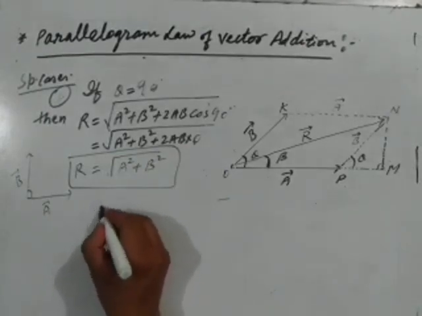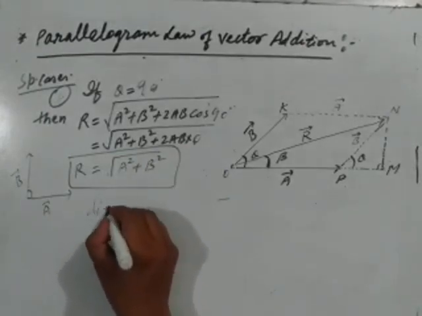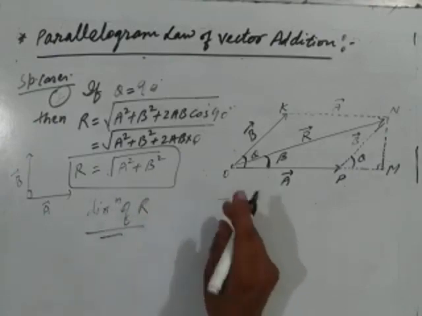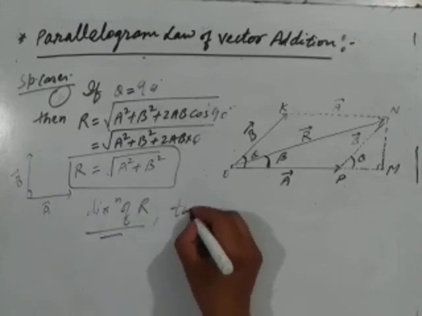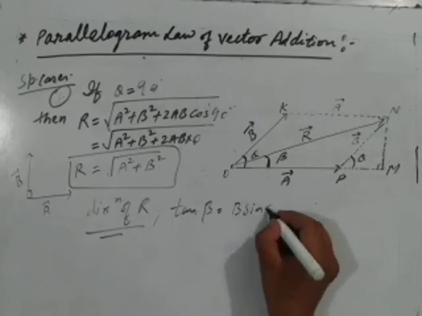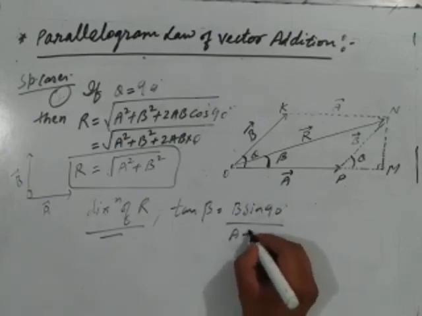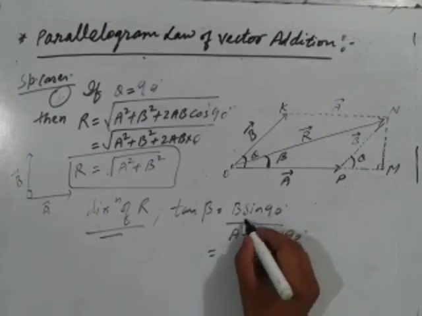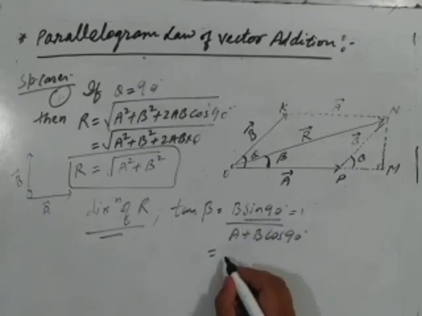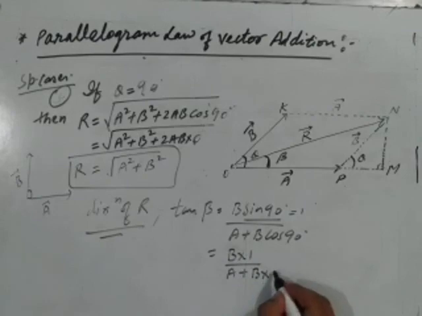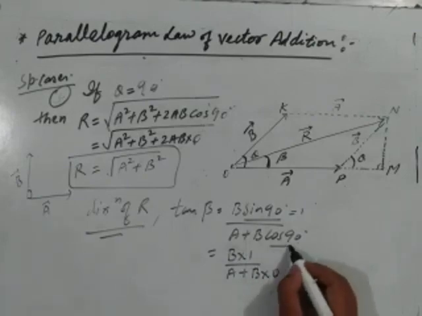For direction, we will find out tangent beta. Tangent beta equal to b sine 90 upon a plus b cos 90. Sine 90 equal to 1. So therefore this becomes b into 1 upon a plus b into 0, since cos 90 is 0.